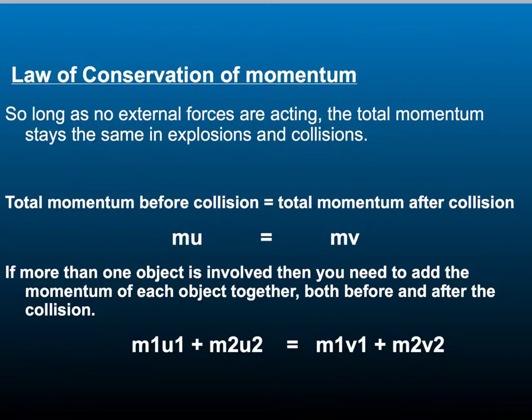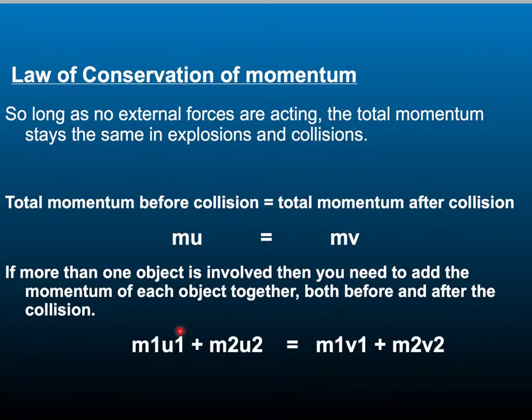To work out the momentum before the collision, we do mass times the initial velocity, which is u, and to work out the momentum after the collision, we do mass times v, the final velocity. If more than one object is involved, which is very likely, you need to add the momentum of each object together, both before and after the collision.